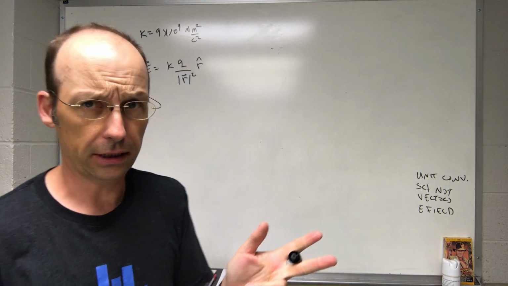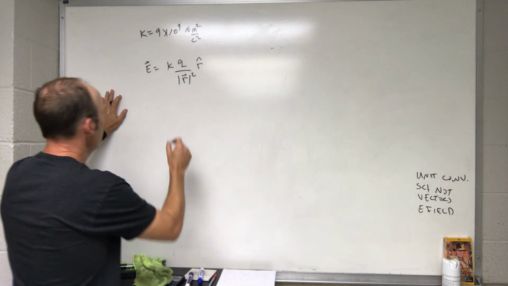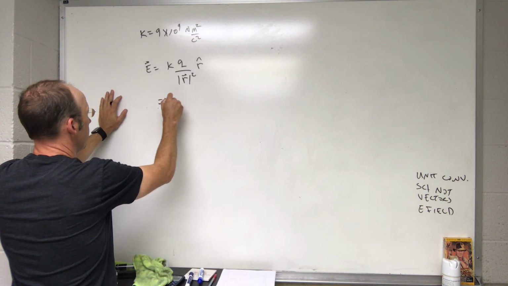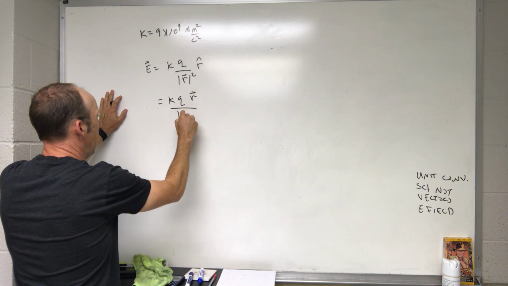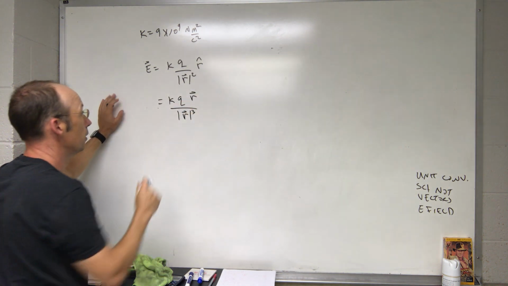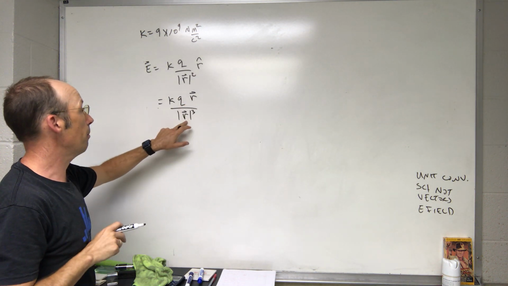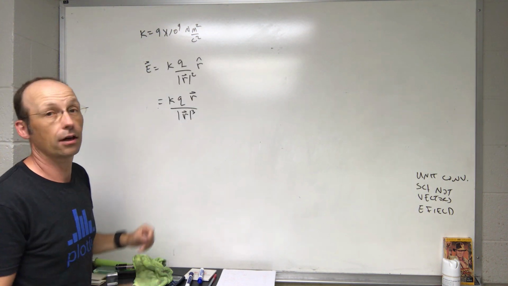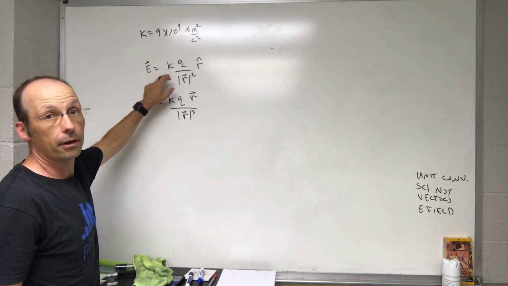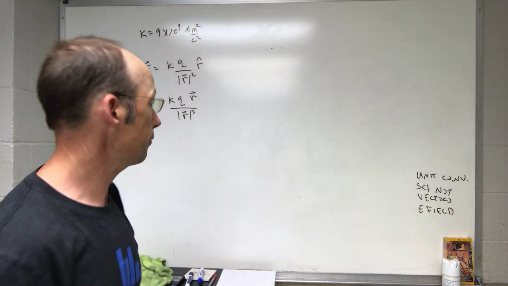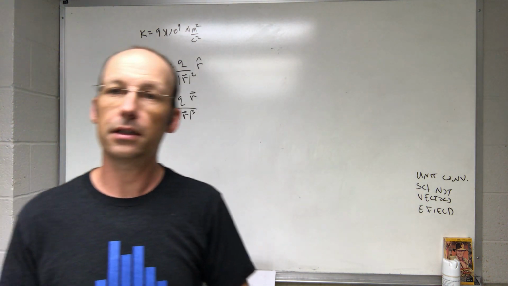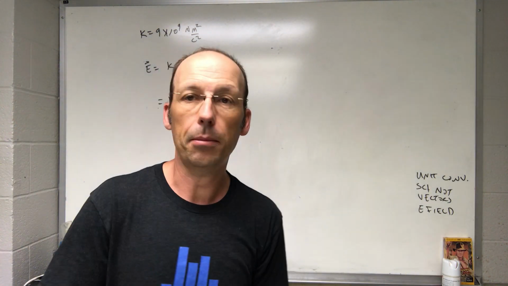You could also write it like this: K Q R over the magnitude of R cubed, because remember, R divided by the magnitude of R is R hat. So these two things are the same. I'm going to use the first formula, but if you don't want to do unit vectors, you could use the second one. Let's just jump in and calculate the electric field.